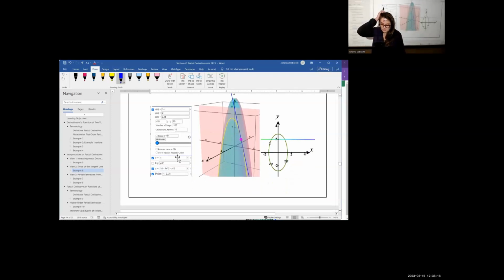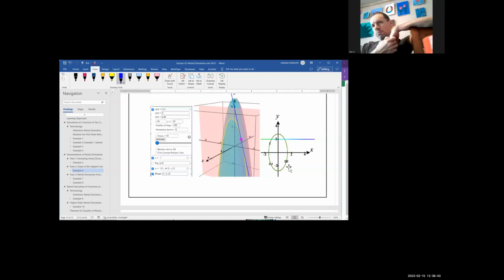No? Hey, if I asked you on this one, which one you had to take the derivative with respect to, what would you say? Based on the contour plot right here, and the fact that it's parallel to the x-axis, which derivative did I take the partial with respect to? X or Y?